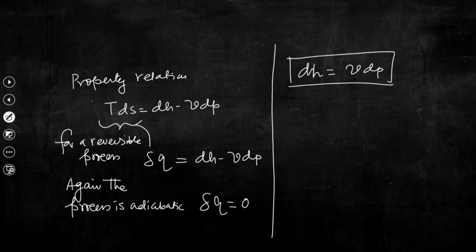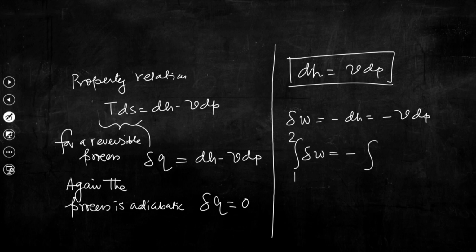So, del W equal to minus dH equal to minus Vdp. So, what would be the work needed for the compression process, that is 1 to 2, del W equal to minus integral 1 to 2 Vdp.